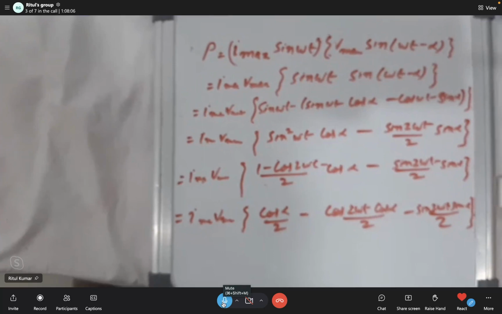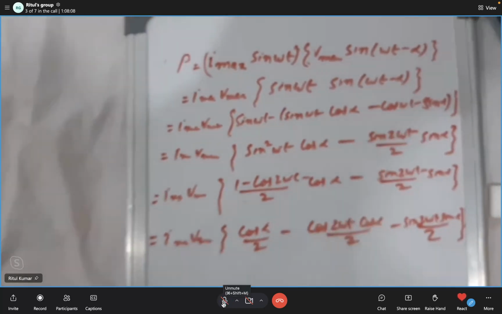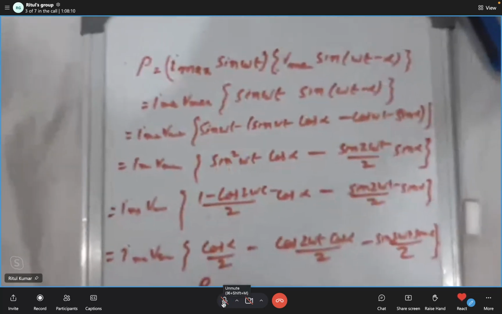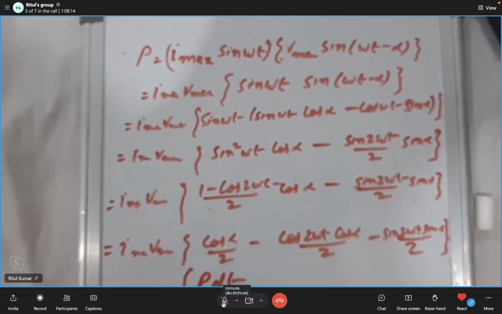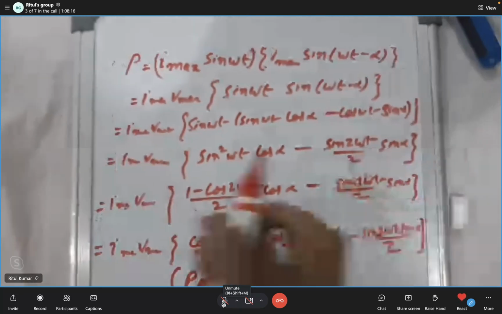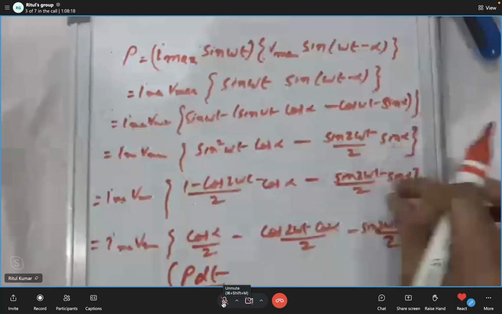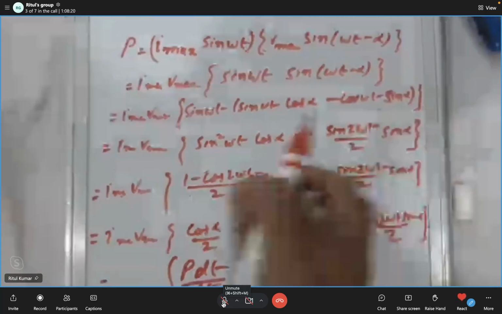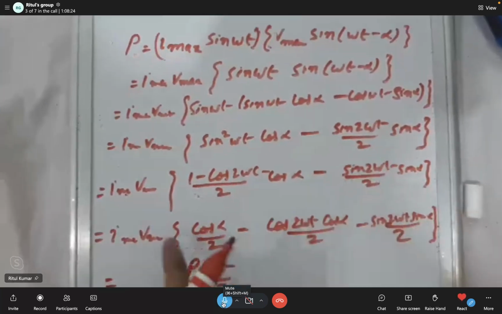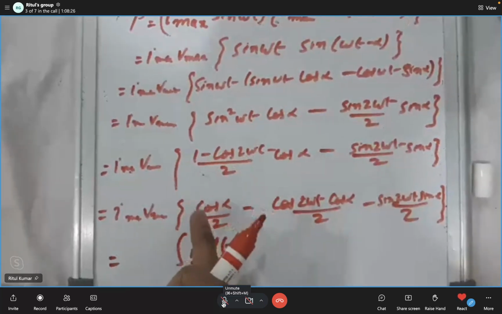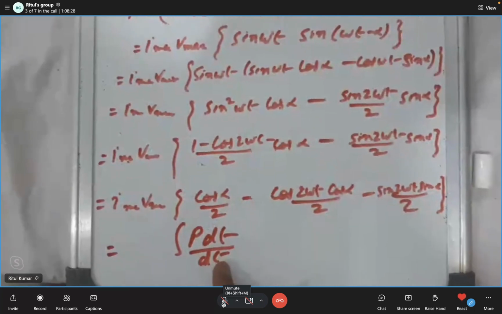Now average: by average what we mean is the integral of P dt over dt. Now I'm going to average. This was instantaneous. Here you can show that power can take negative, positive, zero, all the values, correct? Now from instantaneous to average.